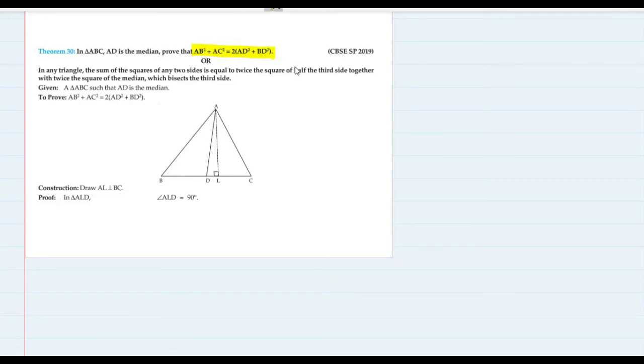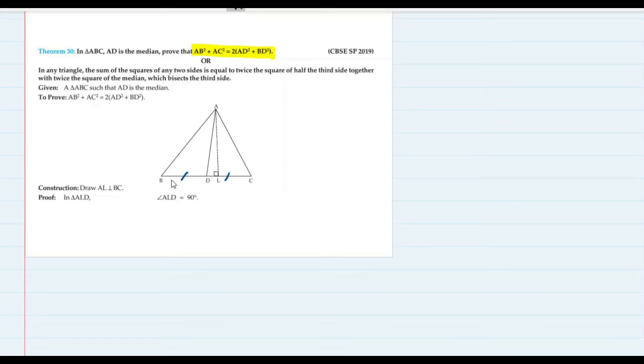Okay. So we have triangle ABC given, to prove, construction is ready with us. So let's start. We have triangle ABC such that AD is the median. See, AD is a median, that means BD is equal to DC. And we have to prove that AB square plus AC square is equal to 2 times BD square plus AD square. In this, there is no right angle given in the question.